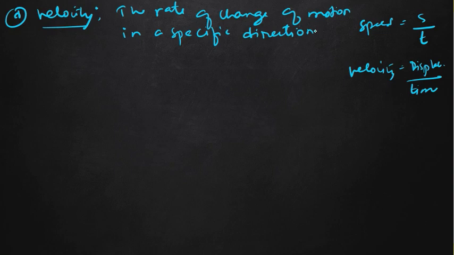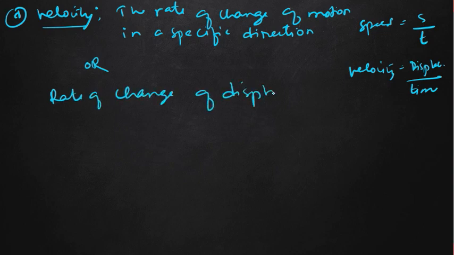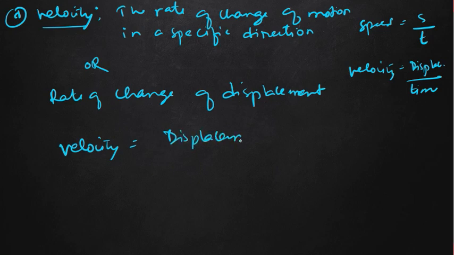So this will be our velocity, or we can say the rate of change of displacement. We have one formula: velocity equals displacement by time.